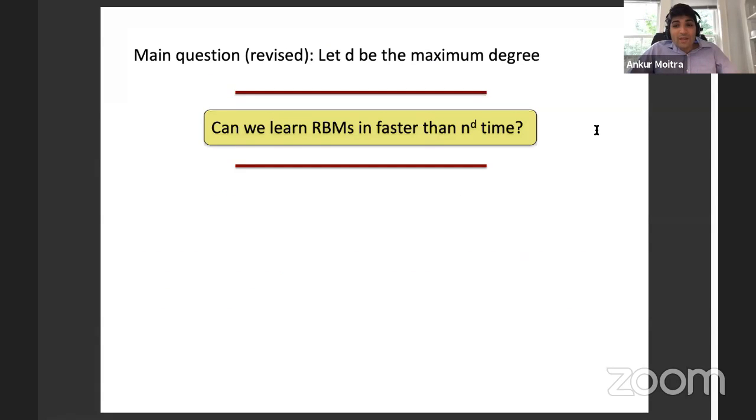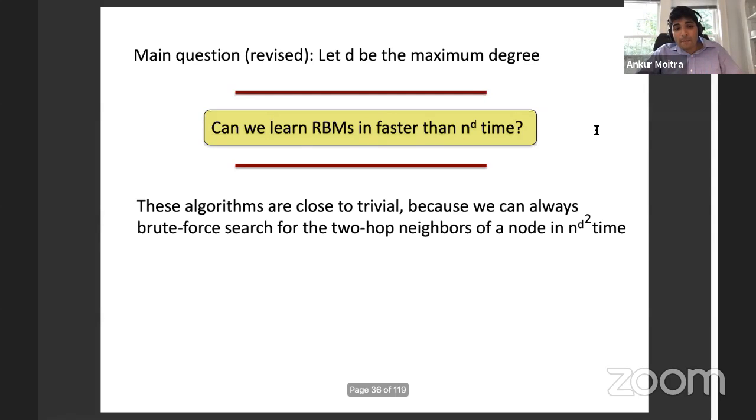So let me ask a revised question instead, which is, can we learn restricted Boltzmann machines better? Can we learn them much faster than n to the d time when they're bounded degree? Maybe we can learn them in f of d times poly n time, so that we can get algorithms that honestly can be run and are not just polynomial in name.